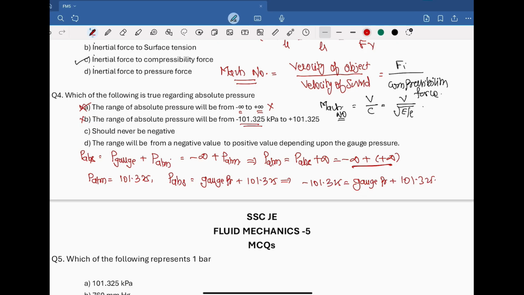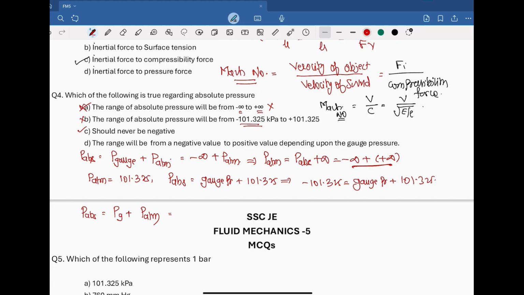It should never be negative. That is the answer. Because P absolute is equal to P gauge plus P atmosphere. P gauge cannot go below the datum. I was telling from the beginning.